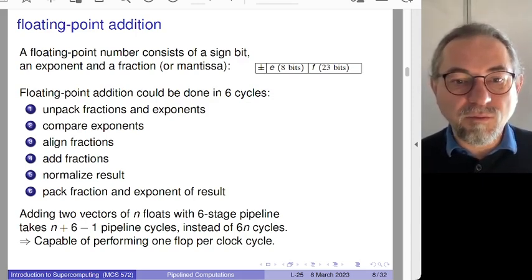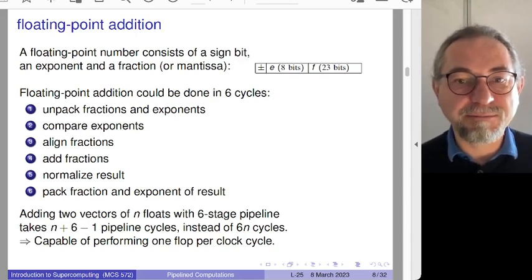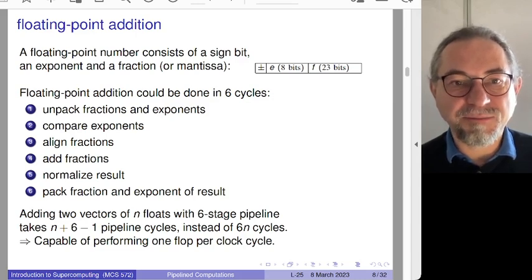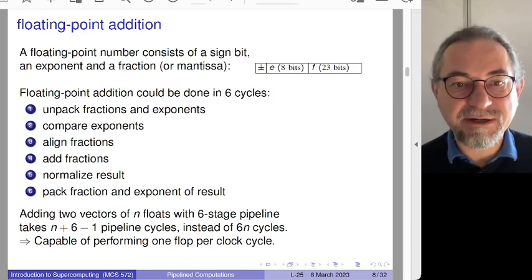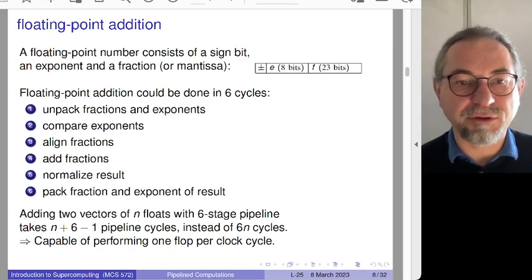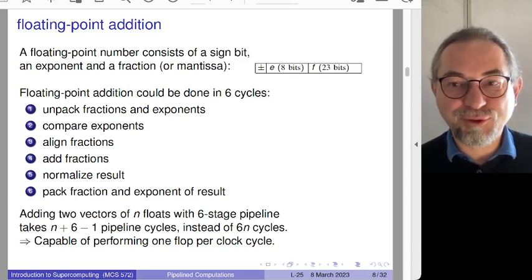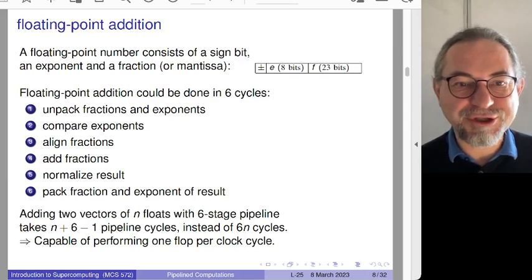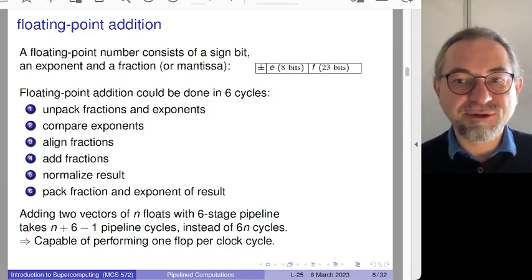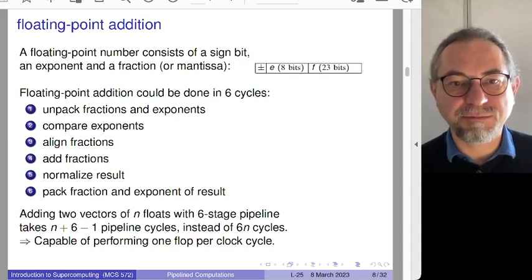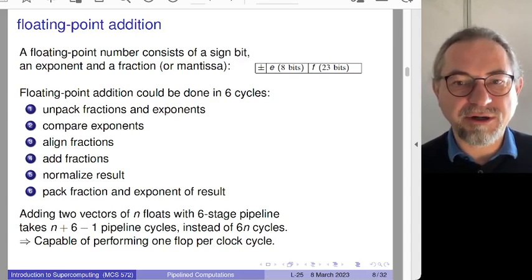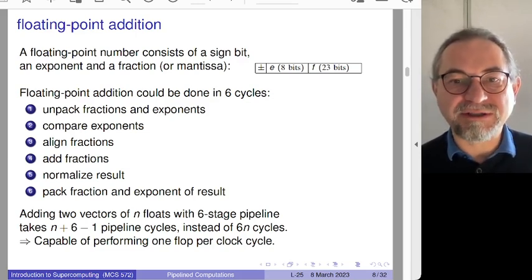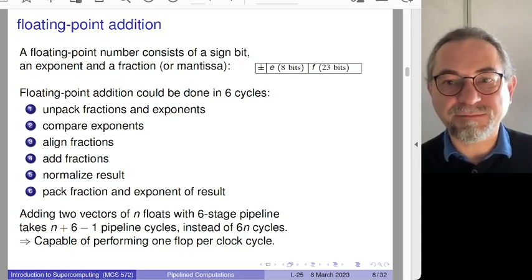So consider the floating point addition, in a simplified model. If you would do this in a numerical analysis course, it's a great exercise to actually do this by hand to see what is involved. The floating point numbers are represented in a packed format where you have the sign bit, the exponent, and the fraction.